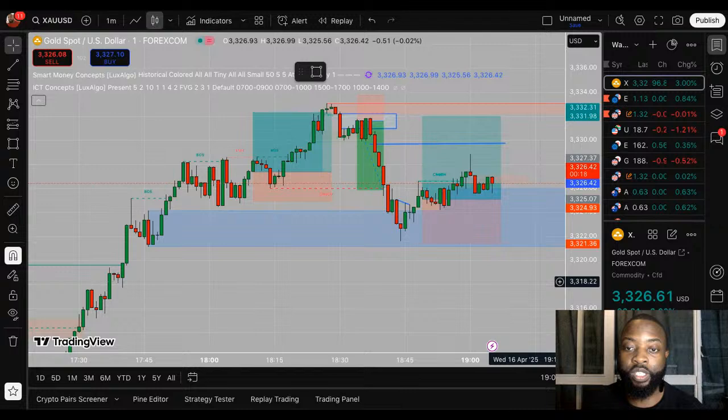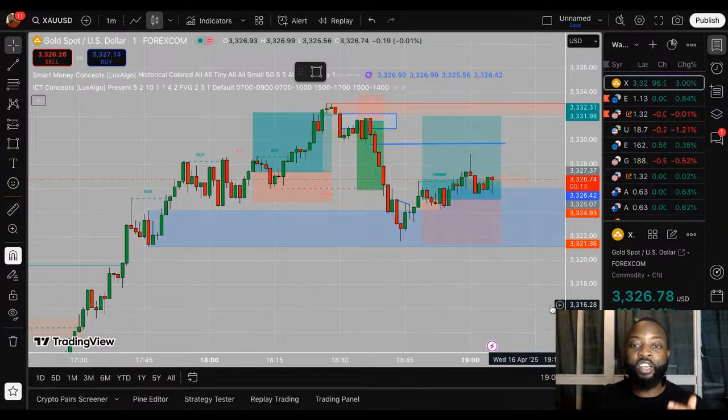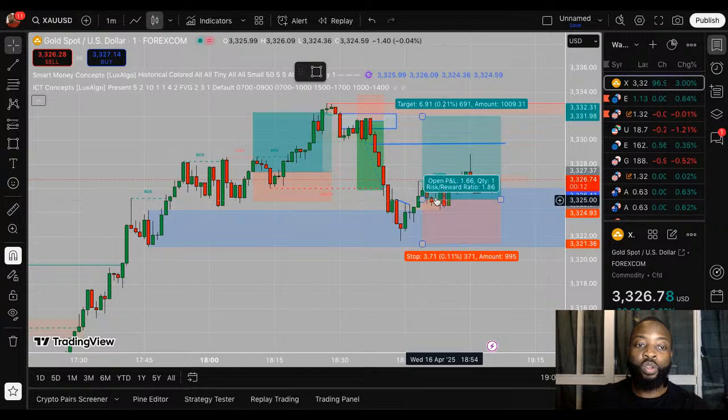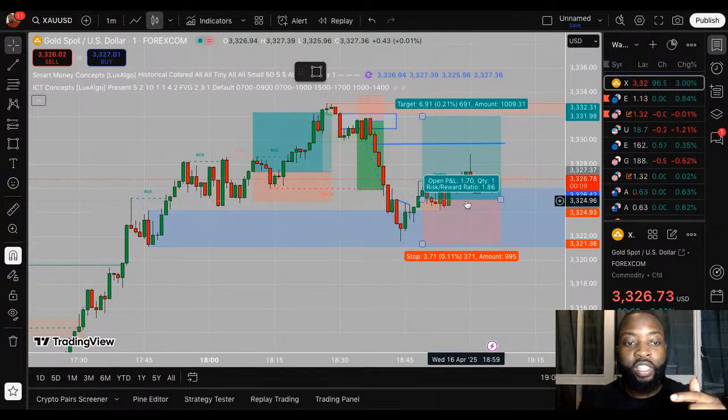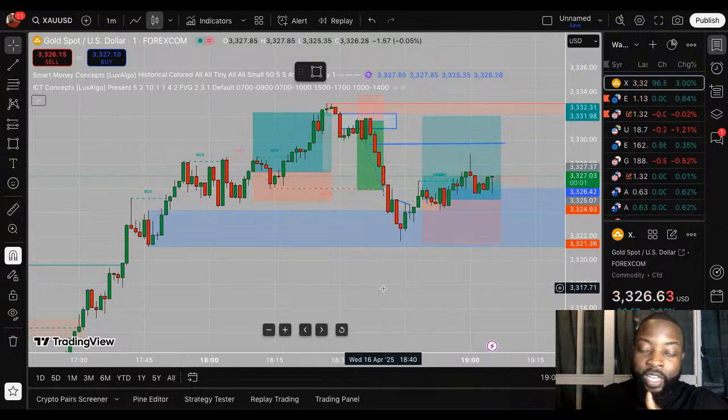We can accept the loss here, but never revenge trade. Never enter a trade because you had a loss on another trade. Make sure before you enter a trade, you know exactly when to enter and exactly when to exit. That is the best you can do for yourself.